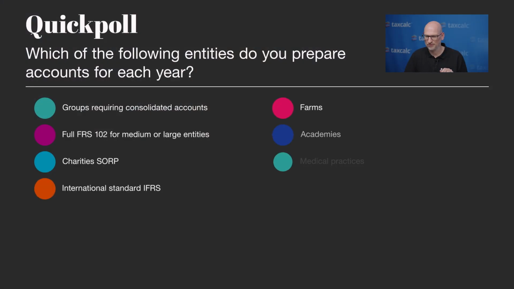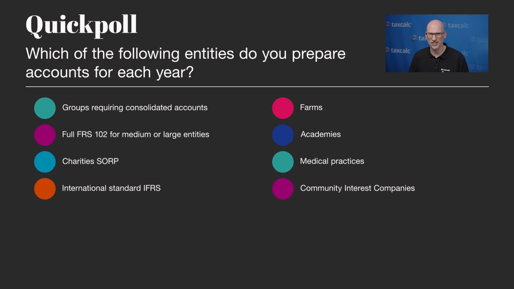Same as before. We just want an indication of the types of different entities that you prepare accounts for each year, to give us an indication of which are the formats that you're most likely to need in your practice, some that we do cover and some that we don't. The first two options are groups for consolidated accounts, where we've just released this week our module for that, and the full FRS 102 for your medium or large clients, which we've released previously, both for companies and LLPs.